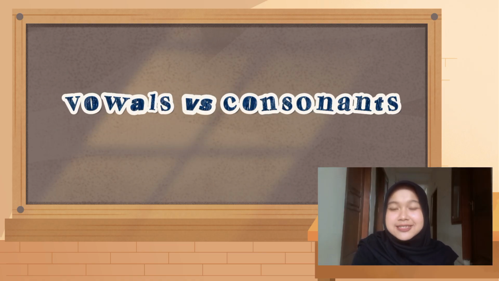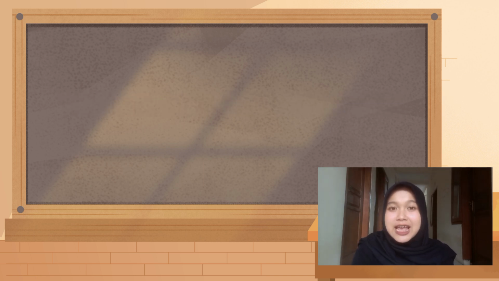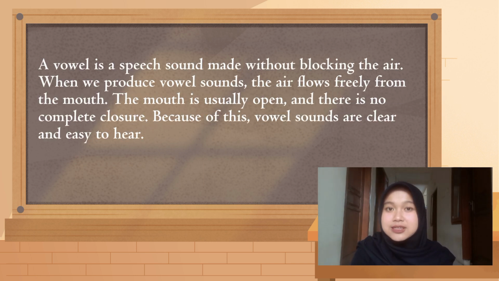Next, let's talk about vowels versus consonants. A vowel is a speech sound made without blocking the air. When we produce vowel sounds, the air flows freely from the mouth. The mouth usually is open and there is no complete closure.